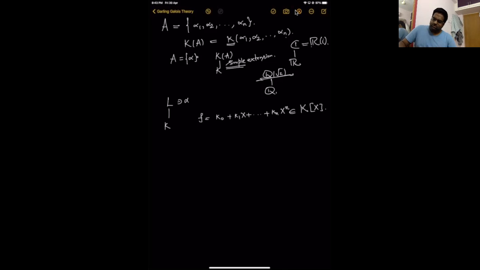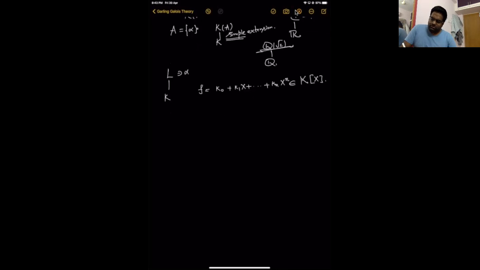Now, the evaluation of f at alpha is given by f of alpha equal to a0 plus a1 alpha plus up to an alpha to the power of n. This is what is called the evaluation at alpha.